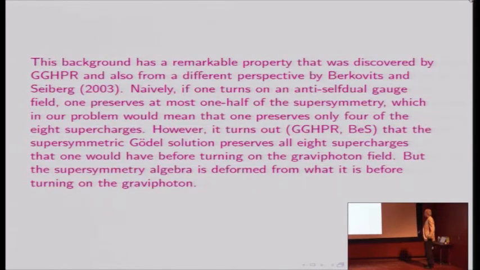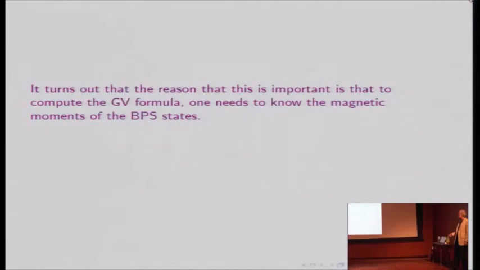So you preserve all 8 supercharges, but the supersymmetry algebra is deformed from what it is before turning on the graviphoton. So you find out, for example, that the momentum operators no longer commute with the supercharges, and so on. The algebra is modified, but the number of supersymmetry generators is not changed. So from my point of view, the reason that the extra supersymmetry is important is the following.